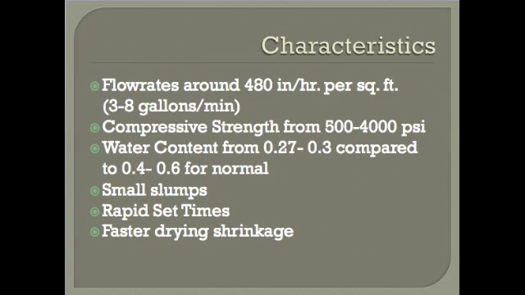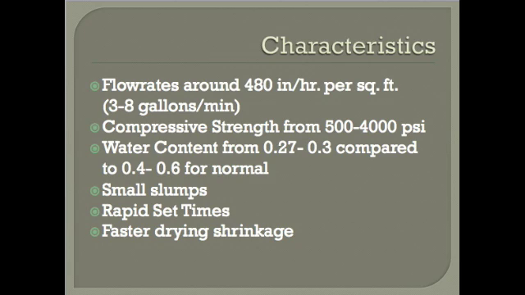Pervious concrete has compressive strengths anywhere from 500 to 4,000 psi depending upon the materials used in the given mix, and has water contents ranging from 0.27 to 0.3, which is significantly lower than traditional concrete, which would have water contents from 0.4 to 0.6.